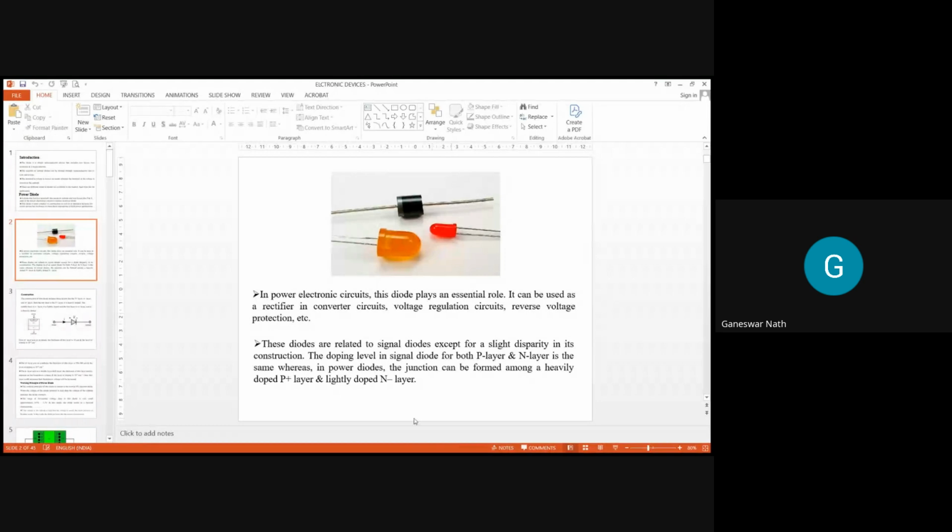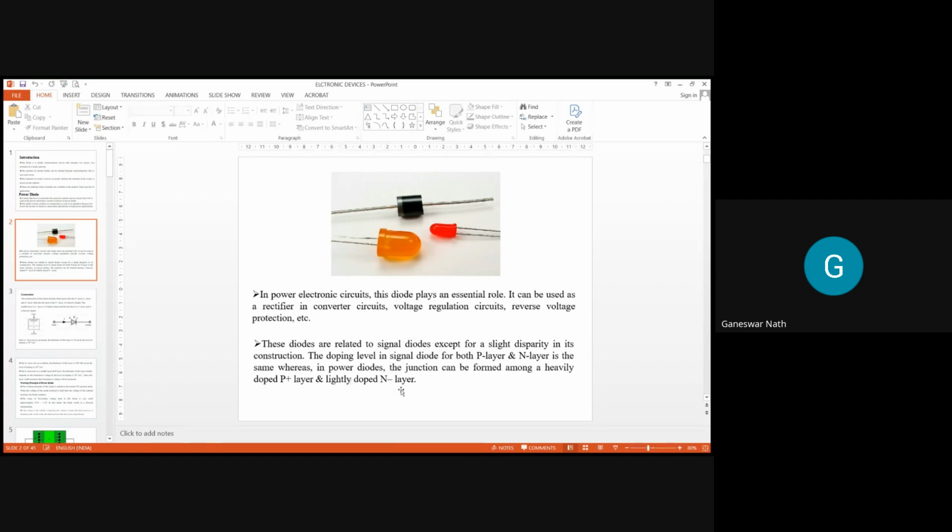The doping level in a signal diode is the same for both the P layer and the N layer, but in a power diode, the junction can be formed between a heavily doped P plus layer and a lightly doped N minus layer. P plus means we are doping the P side heavily with P-type impurity, and N-type impurity is also added to the N layer.